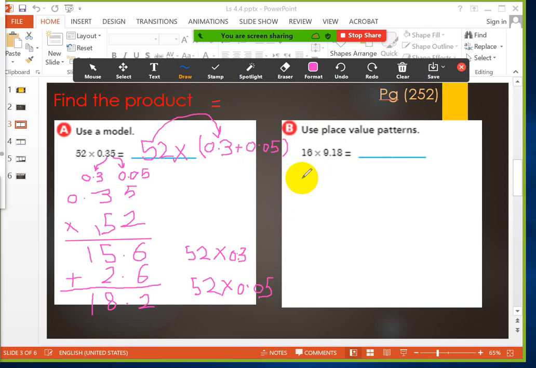Now I want to use the place value pattern to find this multiplication. The place value pattern told me that you can use the pattern, the powers of 10 pattern, and the decimal pattern to find the answer. That means I will choose a pattern to multiply with this number to remove the decimal point. Which power of 10 will I use?